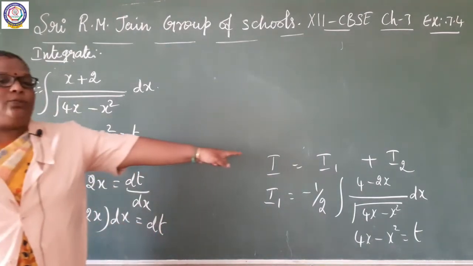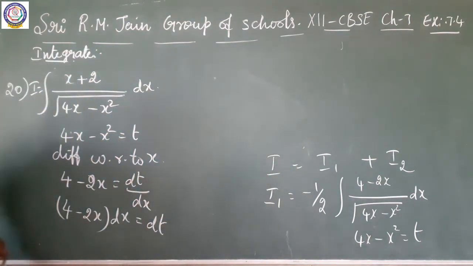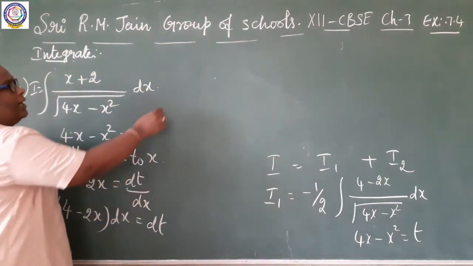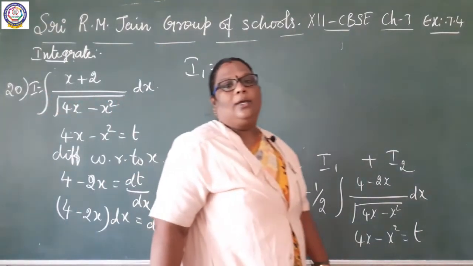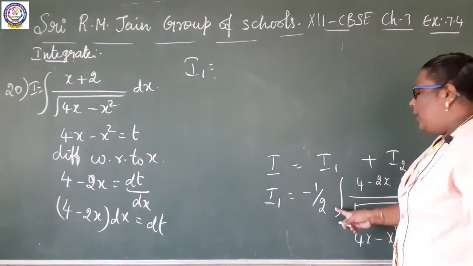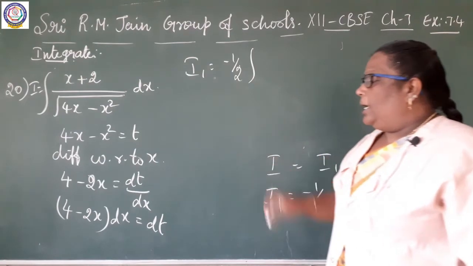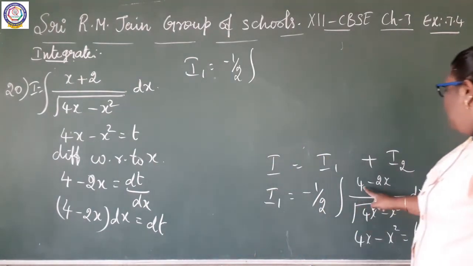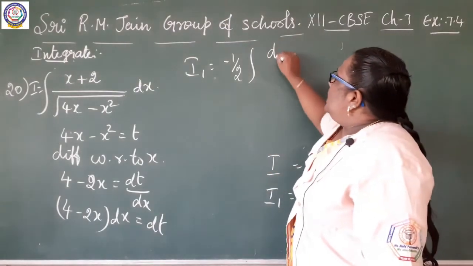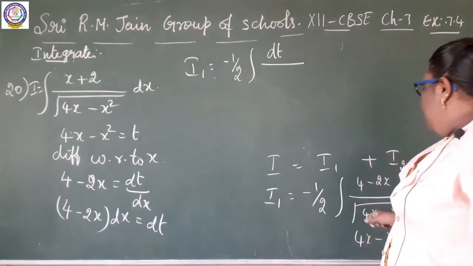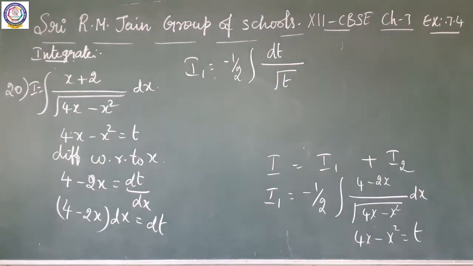What is the numerator value? 4 minus 2x into dx. So you can substitute here: I1 equal to minus 1 by 2 integral, 4 minus 2x into dx is nothing but dt, by root t.